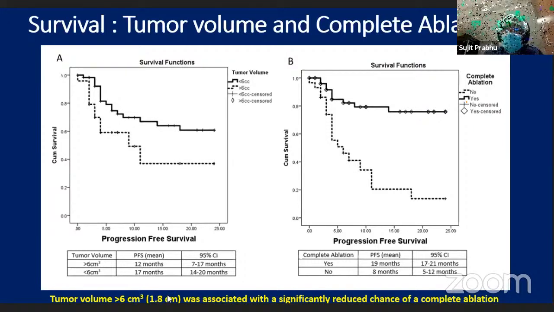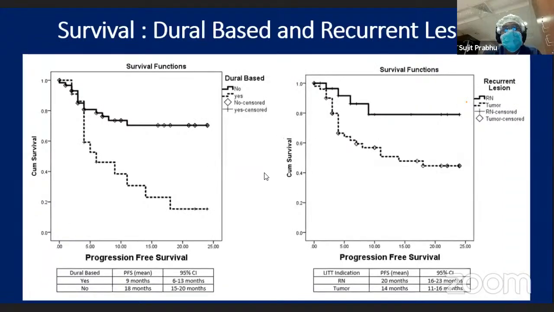So it's not a large tumor, but clearly a good sized volume of the tumor. And when we broke that down, patients with a smaller tumor volume did better than patients with a larger tumor volume. So that becomes important as we plan treatments.